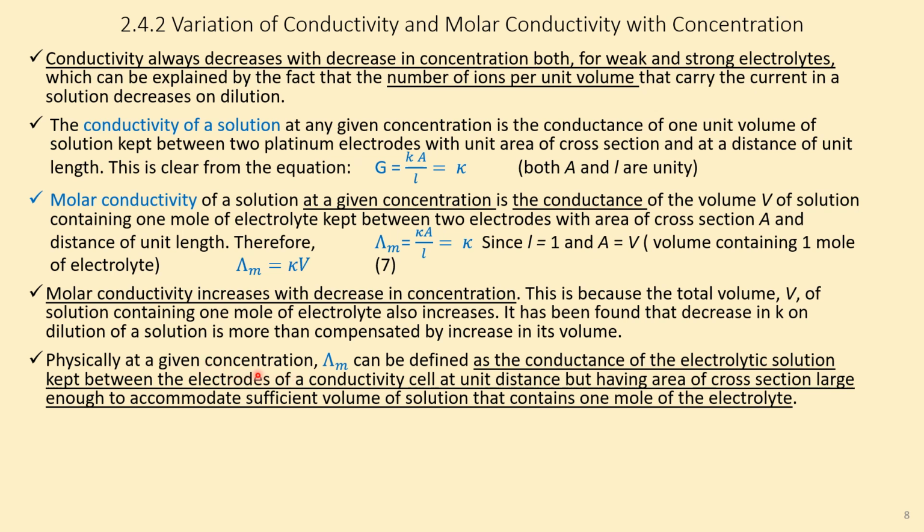Physically, at a given concentration, lambda m can be defined as the conductance of electrolytic solution kept between electrodes of a conductivity cell at a unit distance, but having an area of cross section large enough to accommodate sufficient volume of solution that contains 1 mole of electrolyte.